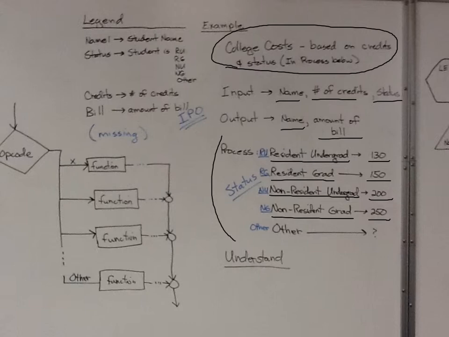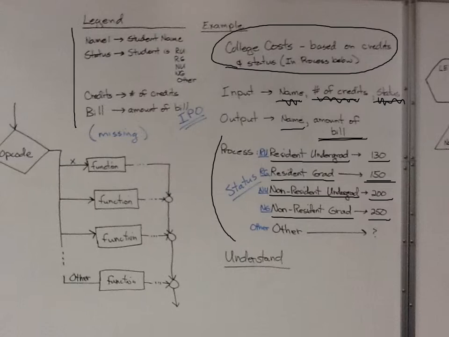So we didn't do a walkthrough, but we made sure we understood. Like if Mike was taking 5 credits and my status was a resident grad, 5 credits, you would take it times 150 to get my bill. So we understood the problem. We started a legend.